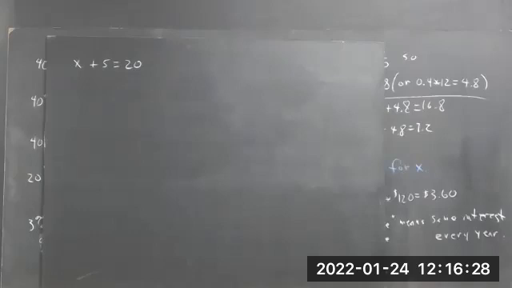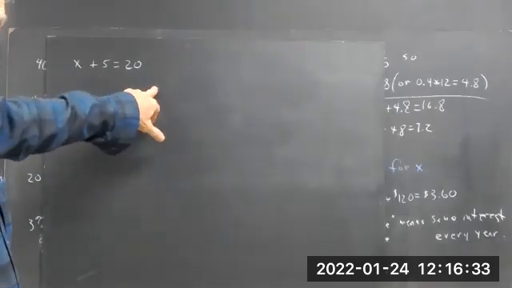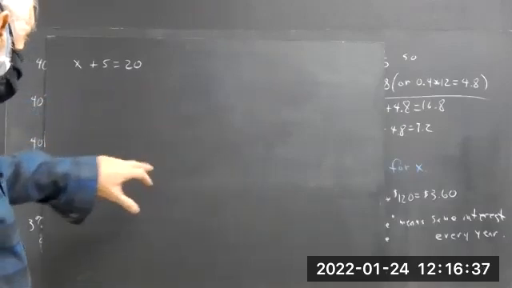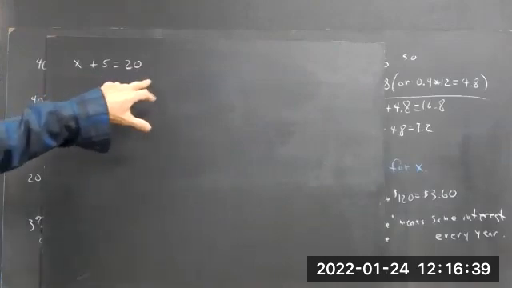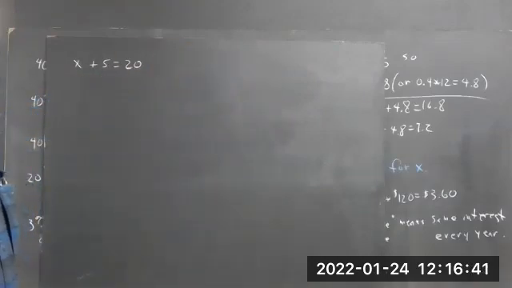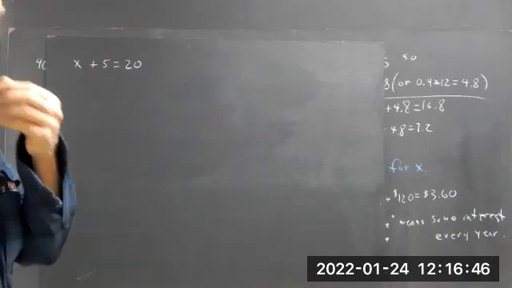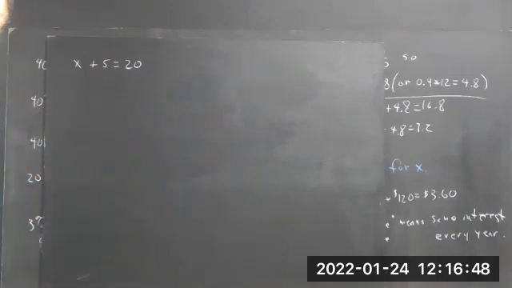Just a quick introduction to equation solving. Say we have X plus 5 equals 20. How do you solve that equation? In the first place, you can ask yourself, what would I add to 5 to get 20? It'd be 15. But that's not going to work if the equation is more complicated, so we want to do it more formally.